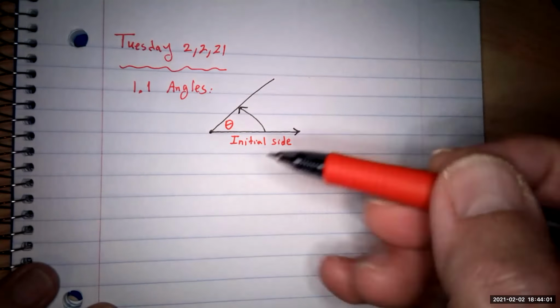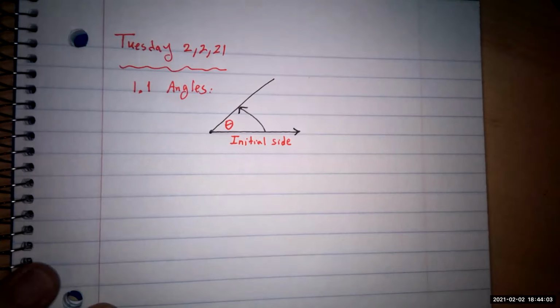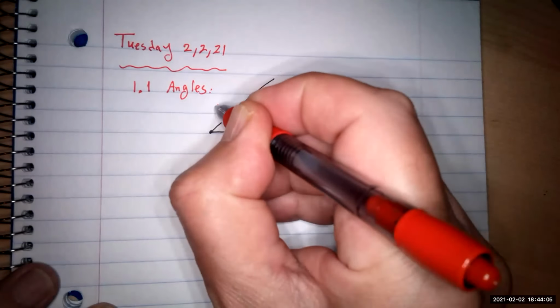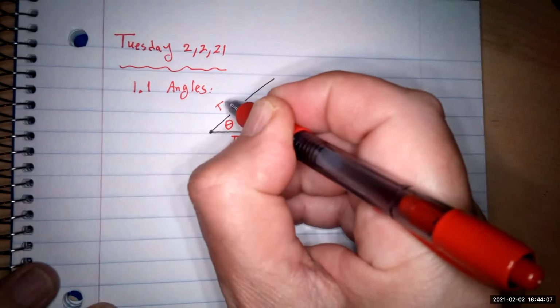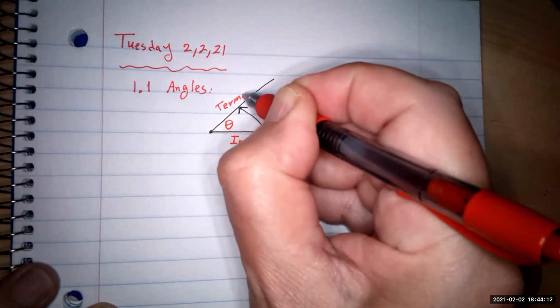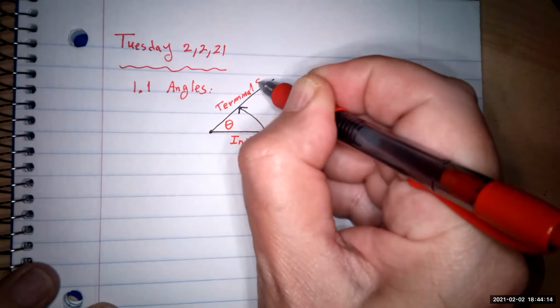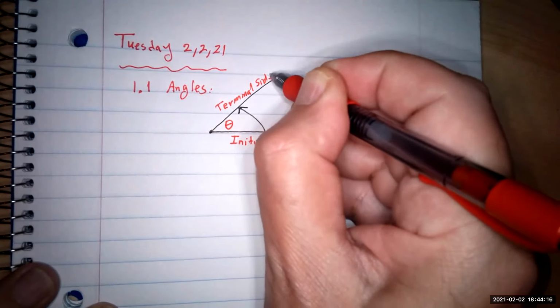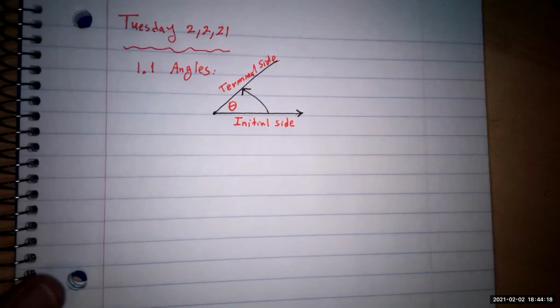When we get to the end, this is called the terminal side. The starting point is the initial side, then you end up with the terminal side. Whatever you have in between gives you the angle theta.